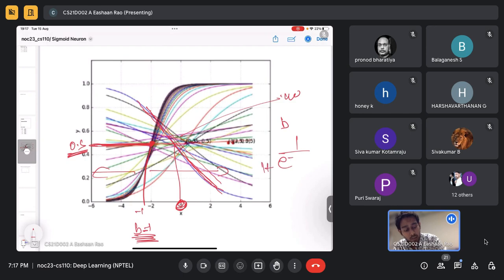The intercept comes in this case when the value of the equation 1 over 1 plus e raised to minus (wx plus b) is 0.5. Why 0.5? Let's go back and check.